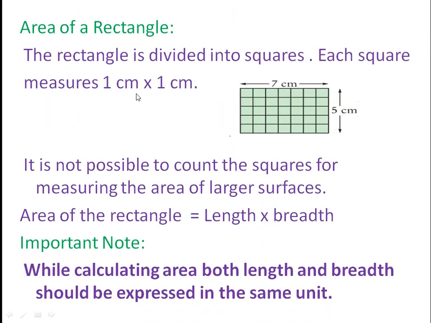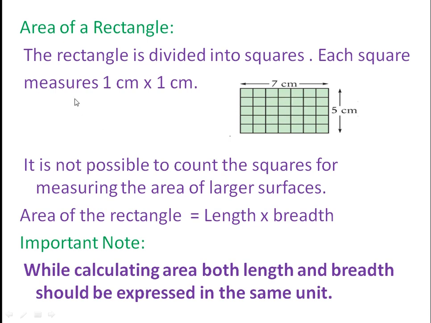Next, area of a rectangle. See in this picture, this is the example. This is the 7 centimeters length. Here is the 5 centimeters width. These values are different, which means this picture is a rectangle, and in this one small boxes are there.